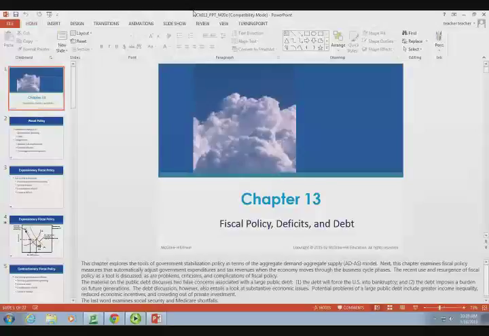You guys remember the business cycle? That's our trend line. If we're down here, this is recession, this is a trough. You remember this? And then this is expansion, and then this is the peak. Remember those 4 parts?